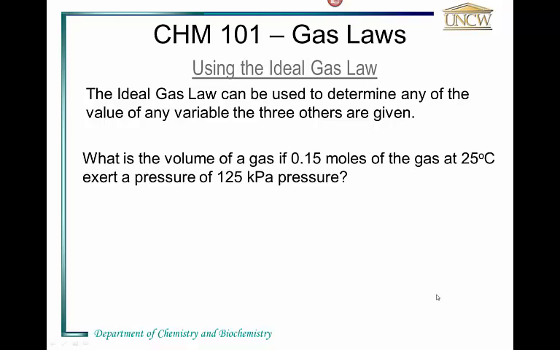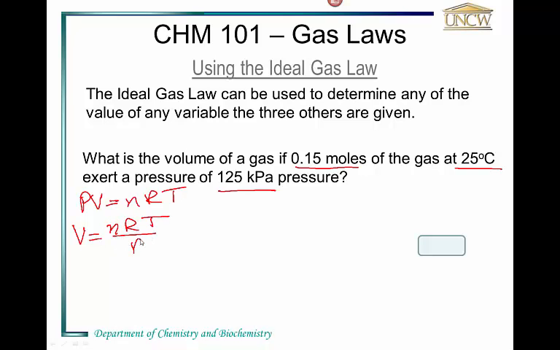Let's calculate the volume of 0.15 moles of a gas that's at 25 degrees and is exerting a pressure of 125 kPa. We have our 3 parameters, moles, temperature, and pressure. Remember, the ideal gas equation is PV equals nRT, so V must be nRT over P.